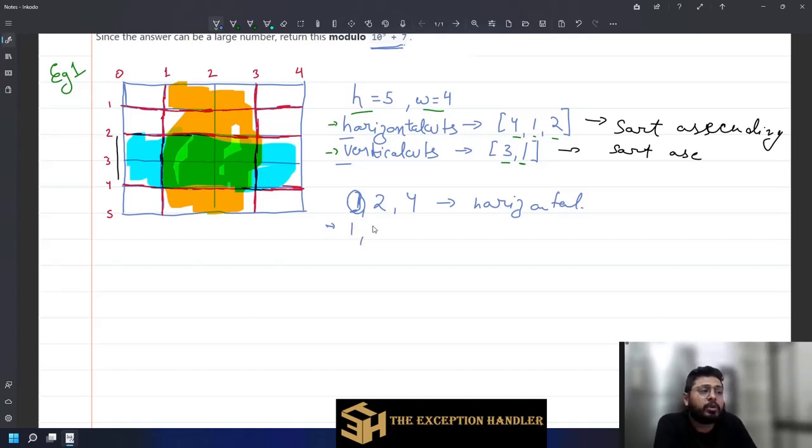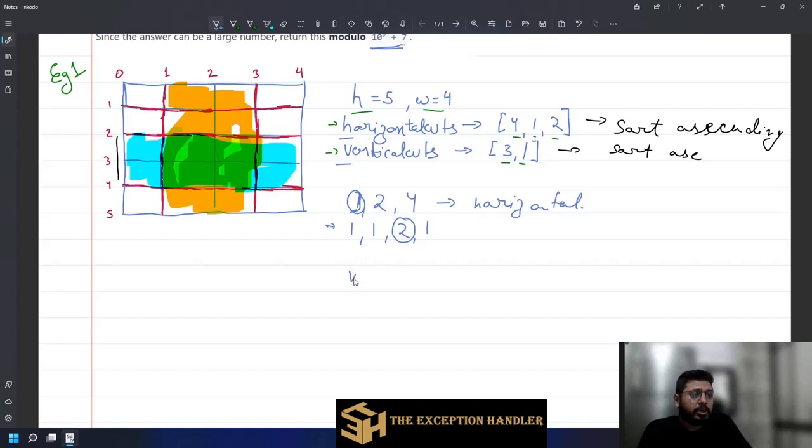Then the second would be 1 again. Then the third would be 2, and then a fourth height, definitely there is a fourth height, because if you see there is a remainder cake over here, and that would again be 1 unit. So the maximum unit is 2.